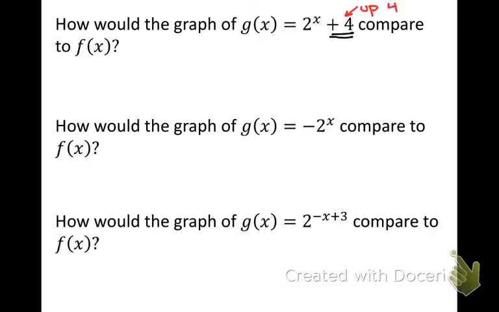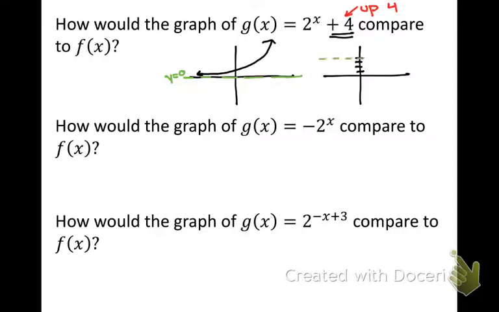So what this means for my horizontal asymptote is that when I move that up 4, my horizontal asymptote is no longer at y equals 0. It's now at y equals 4.